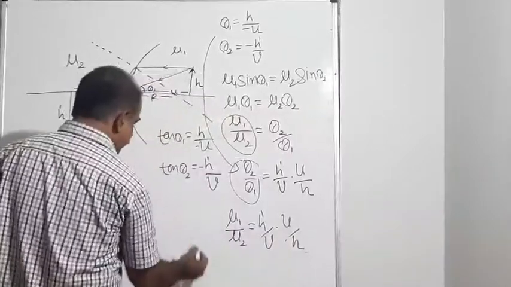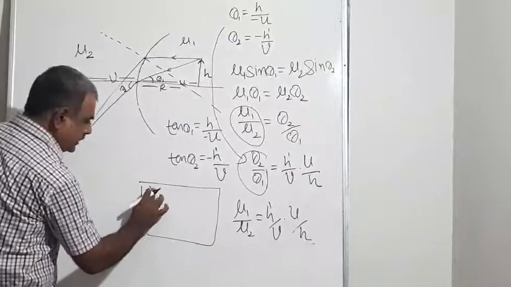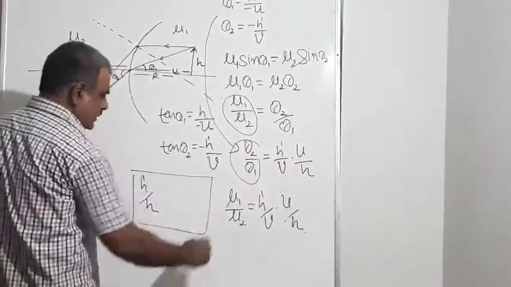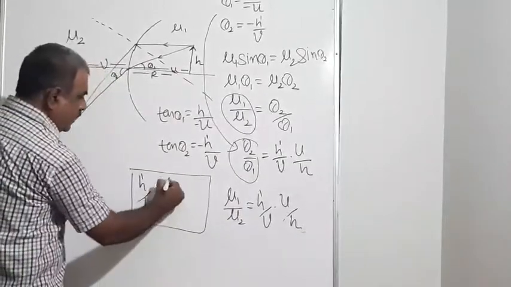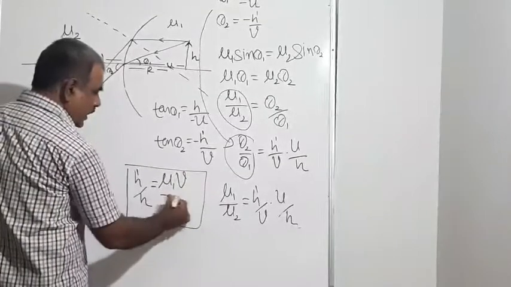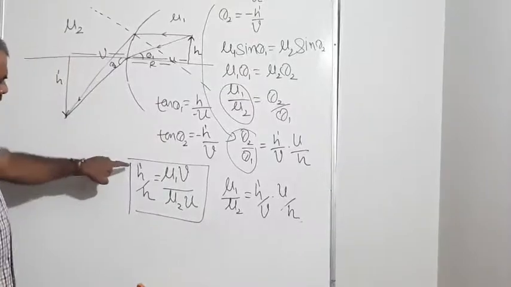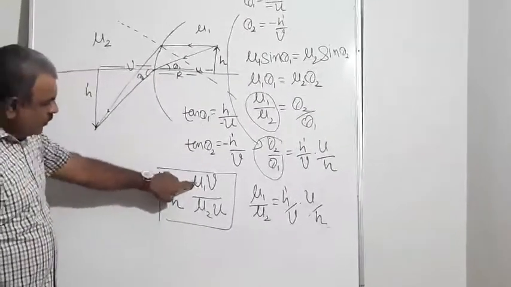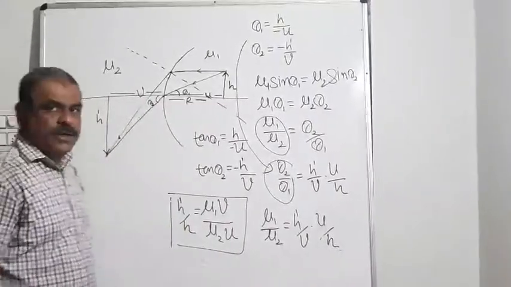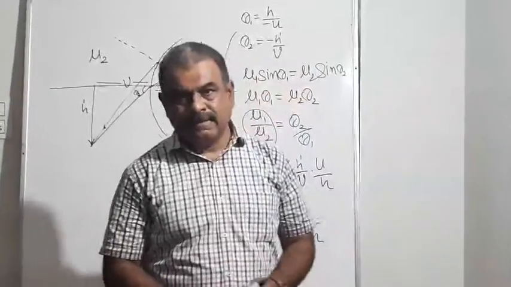So what we are having, lateral magnification h dash by h will be mu1 into v upon mu2 into u. h dash by h is mu1 into v upon mu2 into u. This is lateral magnification in case of image created by refraction through a curved surface.